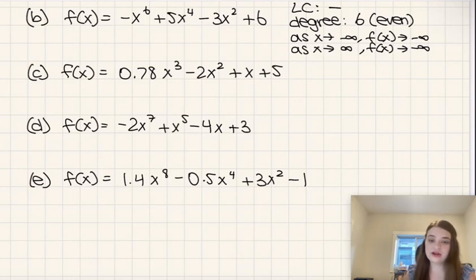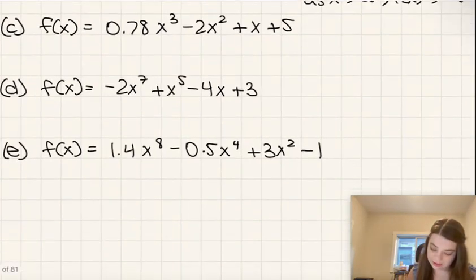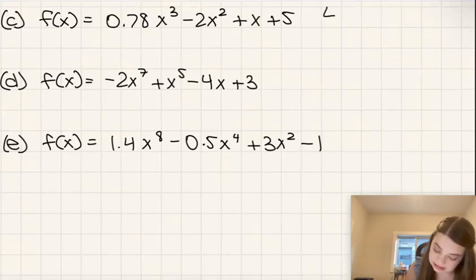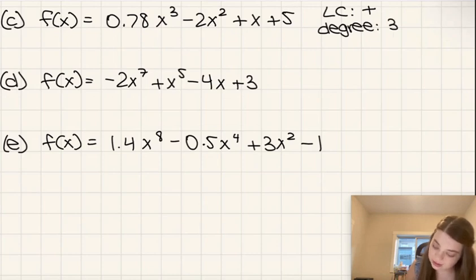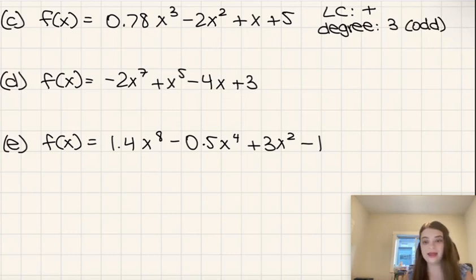Okay, let's try this third one. Here the leading coefficient is 0.78, so that is a positive leading coefficient. And the degree is 3, as that's our highest power. And so that's odd, and this is going to follow the same end behavior as a linear function, which is also odd degreed, that has a positive leading coefficient.